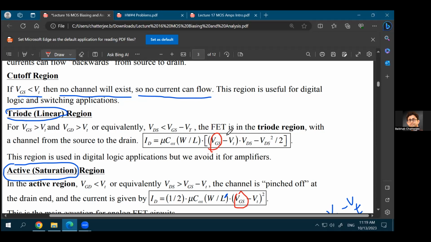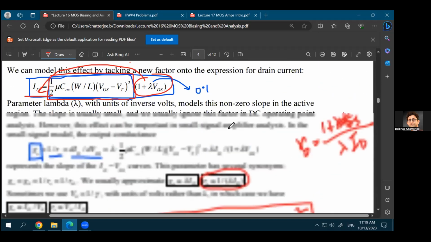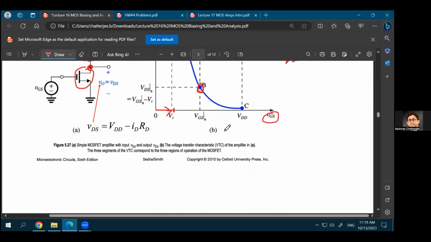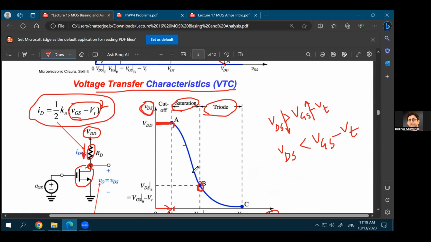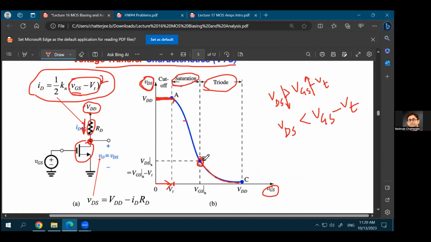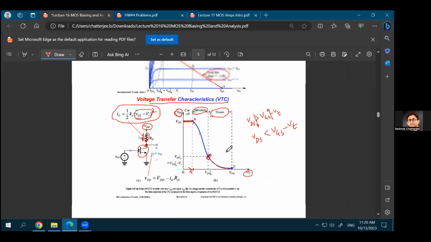So in the triode region, the current will not be a sharp function of the VGS anymore. So that's why you'll see that slope will degrade, and you'll see something like that. Right? The sharp slope will not be present anymore. So that will be your triode region, and eventually your VDS will become very, very small and will be almost equal to 0. So that's why your VTC will still look very similar to what you had for the op amps.